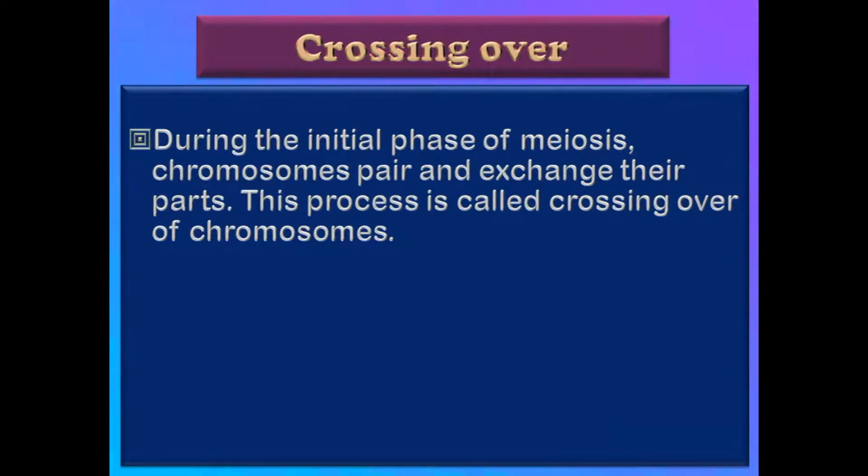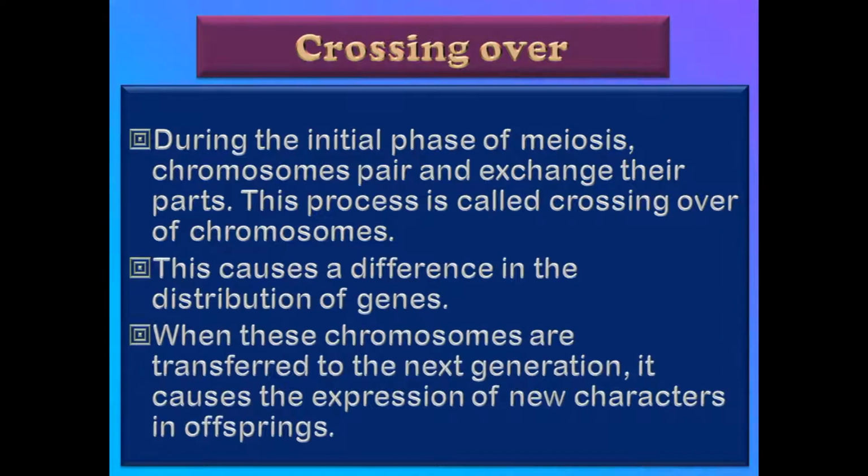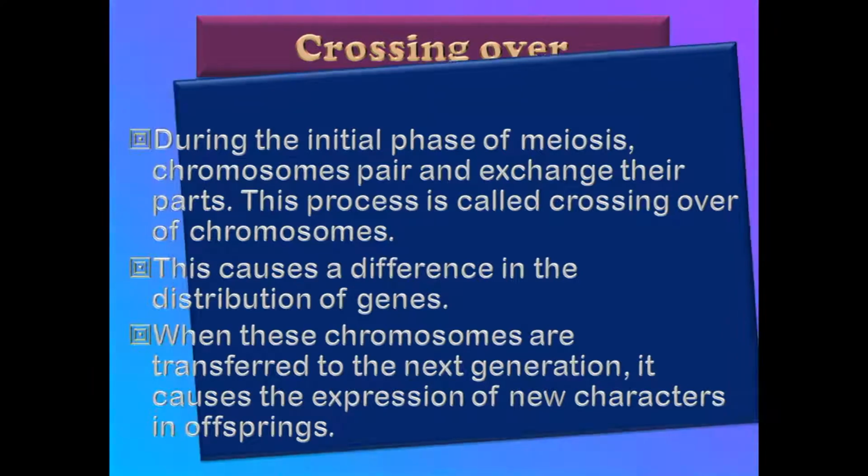During that time, the chromosomes pair and exchange their parts, and the process is known as crossing over. This causes a difference in distribution of genes, which results in variation. When these chromosomes are transferred to the next generation, it causes the expression of new characters in offspring.